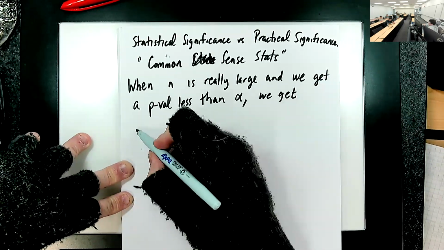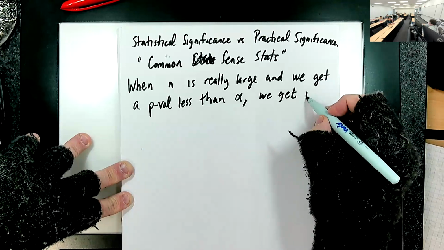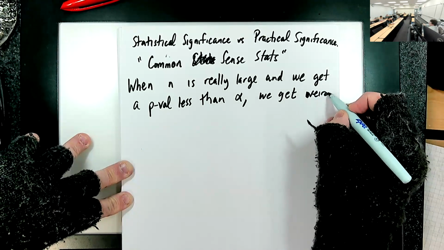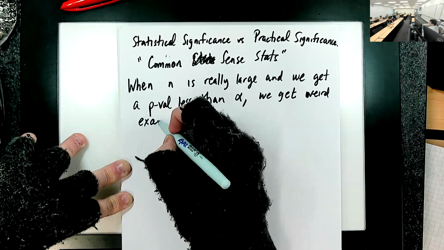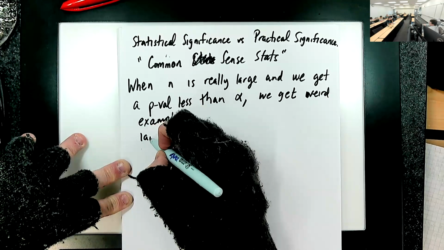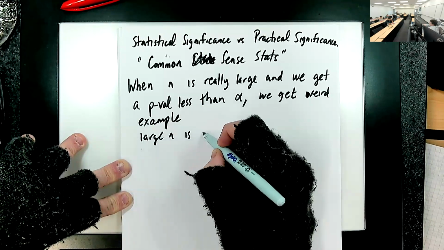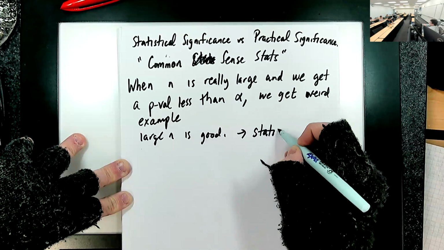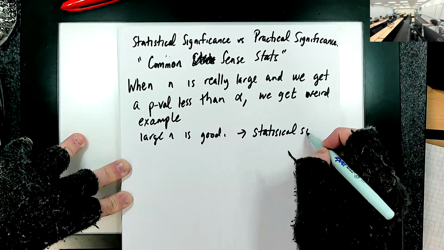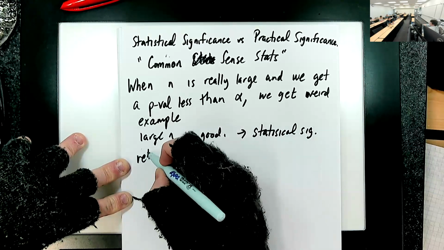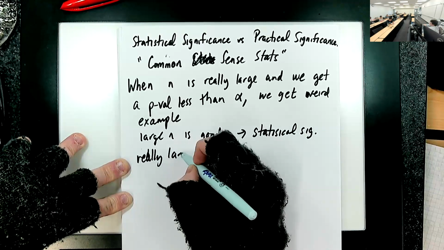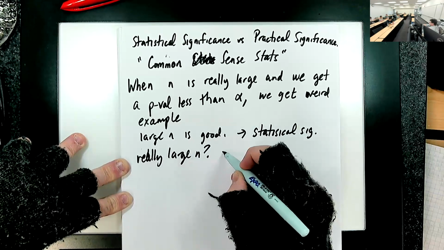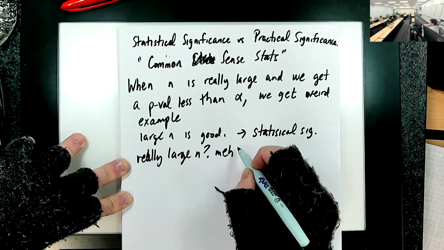Normally we get some weird stuff going on. Let me just give you an example. The idea is large n is good. That gives us statistical significance. You want a reasonable amount of n. With really large n, you get some shady results. That's in the meh category.